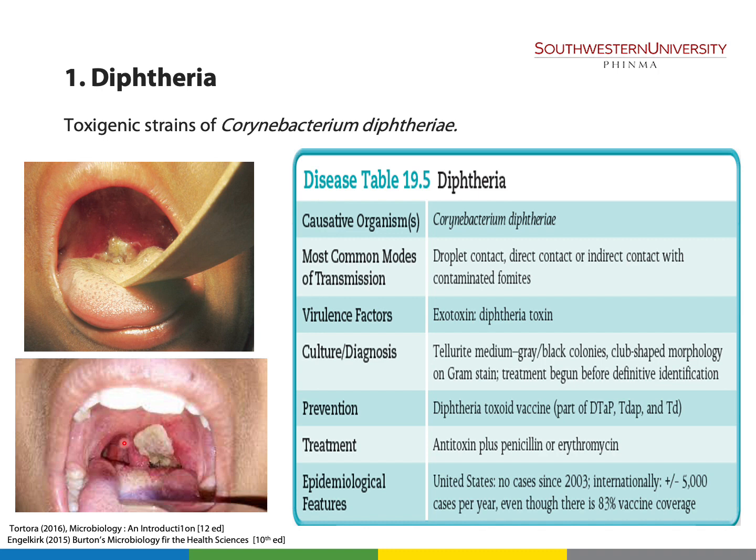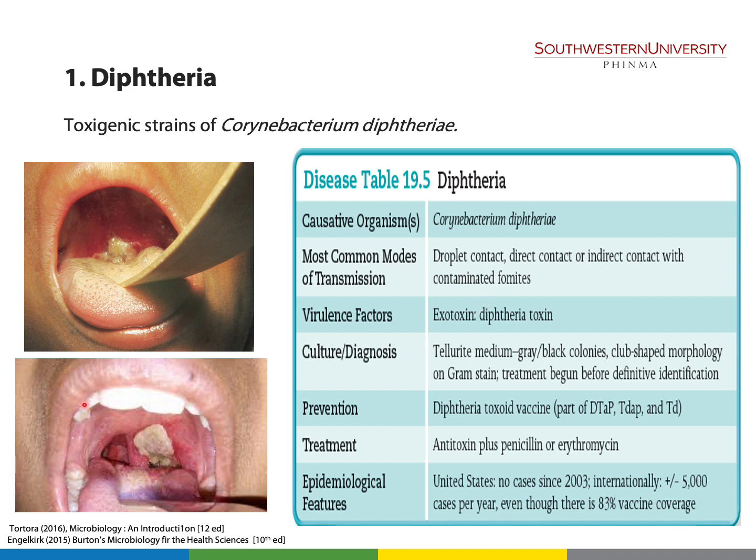In order to avoid this, there is a vaccine already available for diphtheria. You have the diphtheria toxoid vaccine, which is part of the DTaP vaccine or the Tdap or the Td vaccination. The mode of entry for this type of infection is usually direct contact, indirect contact, or droplet contact.